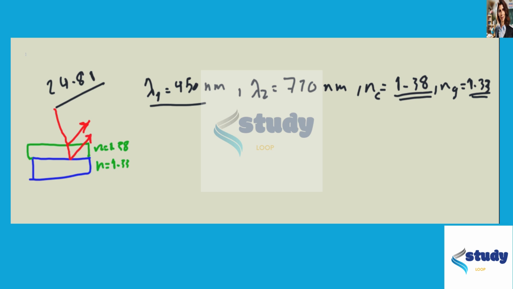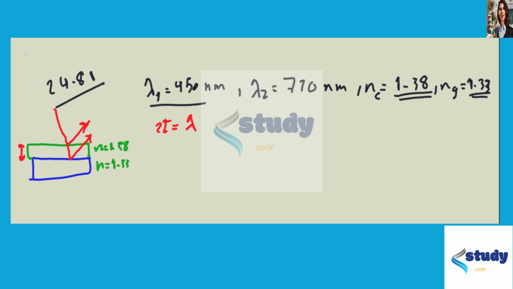So the phase difference between these two beams will be 180 degrees, and so the condition for destructive interference will be that the path difference, which is 2t here, is equal to an integer of lambda. Because we're looking for the minimum thickness, it will just be lambda.